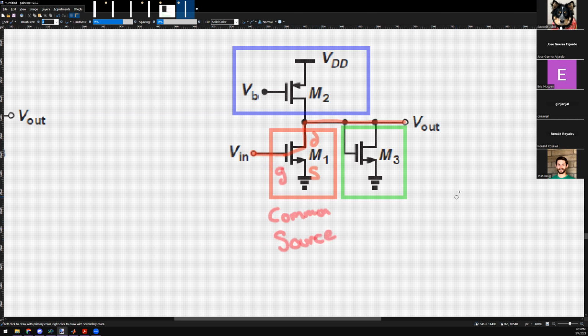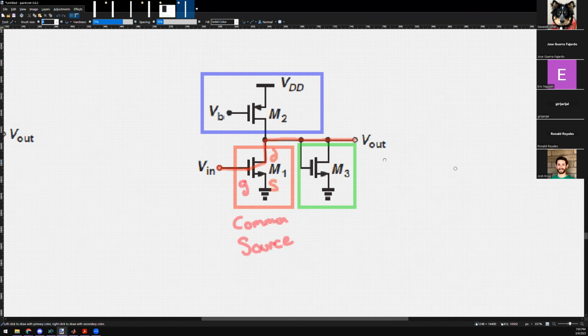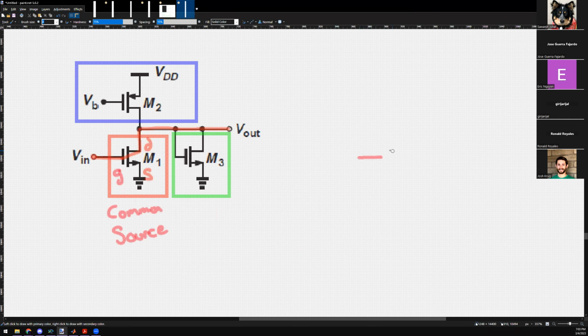Next question. Suppose I have a MOSFET and the input is the gate and the output is the source. What do you call this? Common drain, correct.